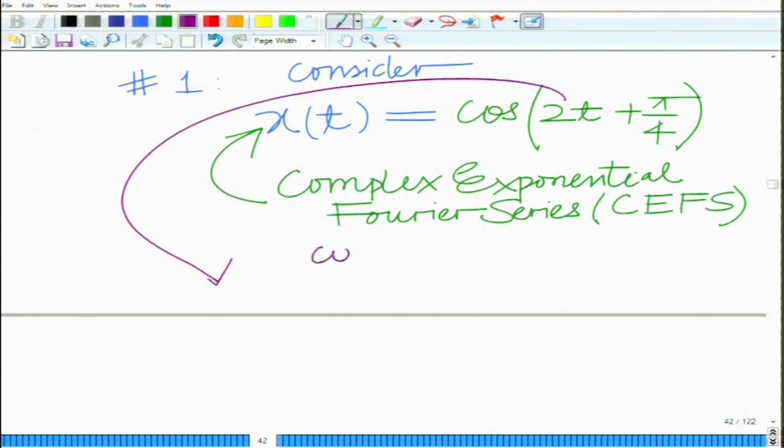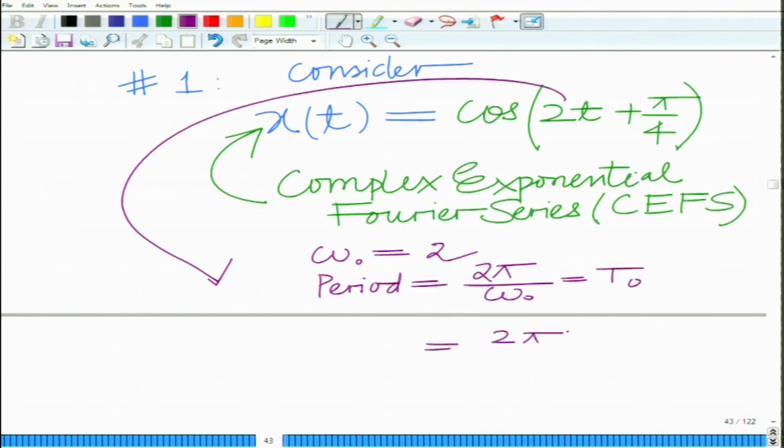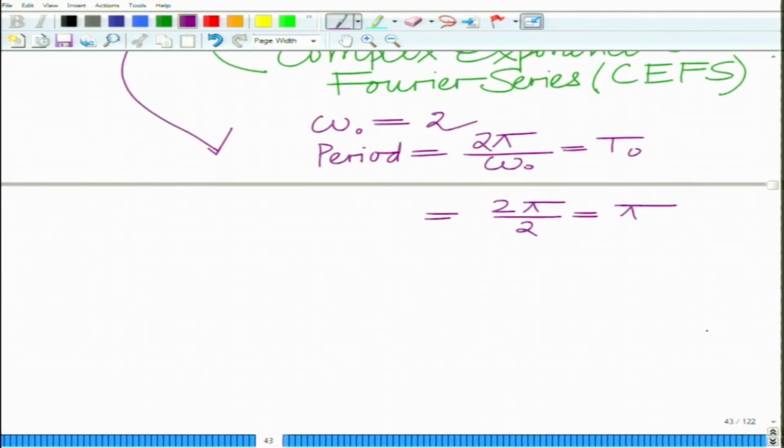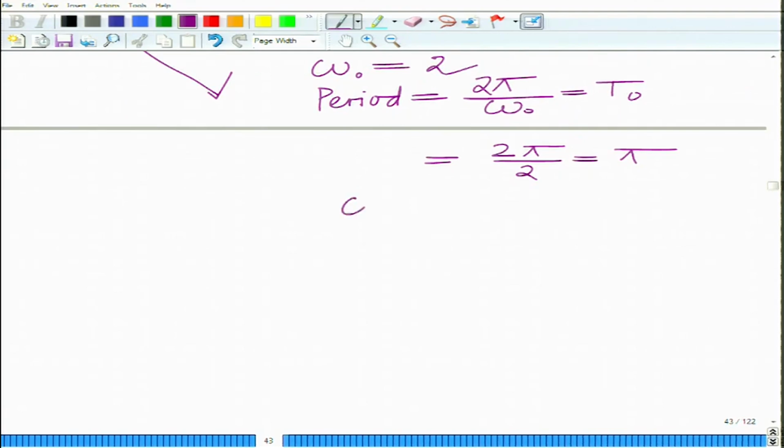So, omega naught equals 2, which means the fundamental period equals 2 pi by omega naught, that is T naught, which is equal to 2 pi by 2, which is equal to pi, okay, and omega naught equals 2.